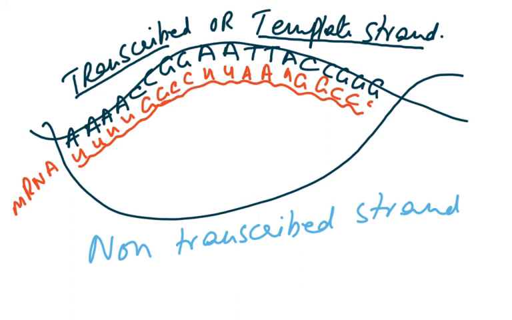Now the other strand, which I am coloring in blue, is going to be the non-transcribed strand, because that is not copied by the mRNA, but it is there because once the mRNA leaves the nucleus, then this DNA is going to again join up together and form the complementary base pairing, and it will remain in the nucleus, and it will of course be used again whenever the protein has to be made again.